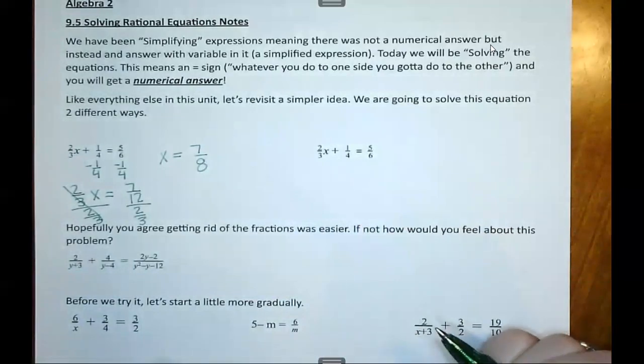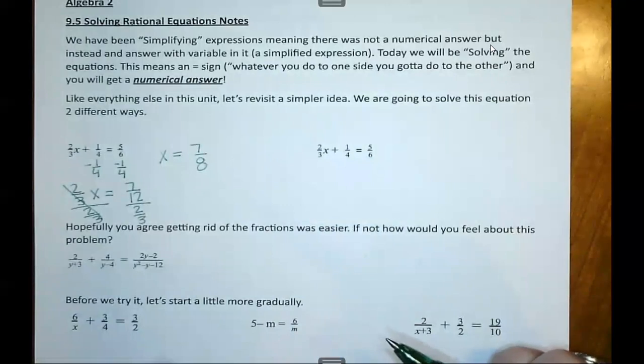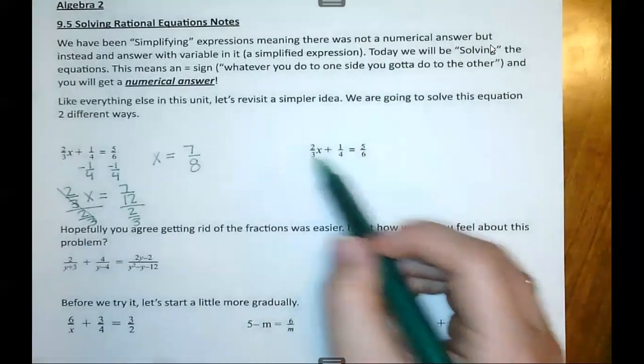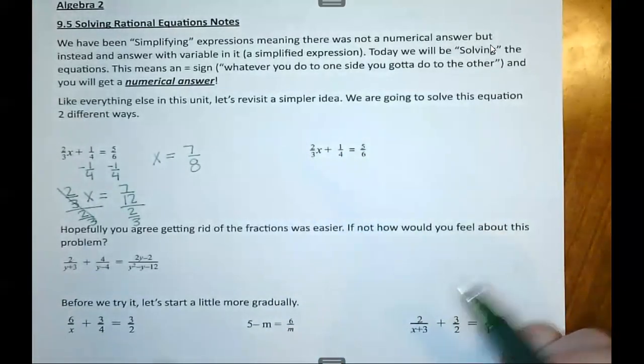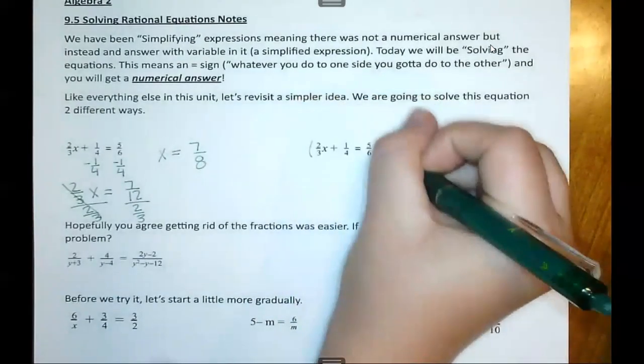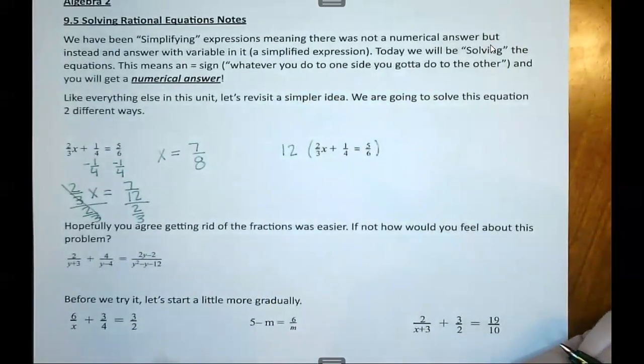We got to multiply these all by something that will make these fractions go away. So we're trying to think of the smallest number that all three of these will go into. 3, 4, and 6. All of these are multiples of 12. So I am going to multiply all of these fractions by 12.